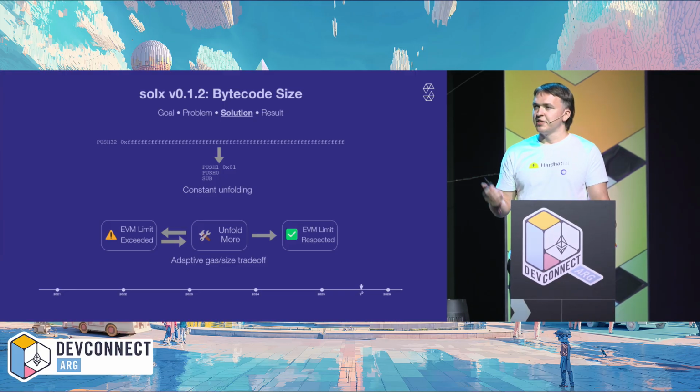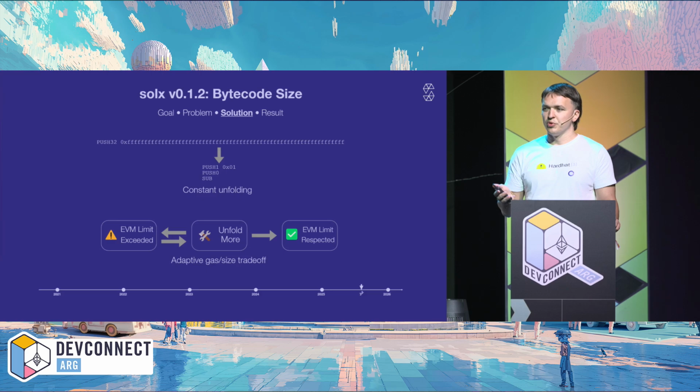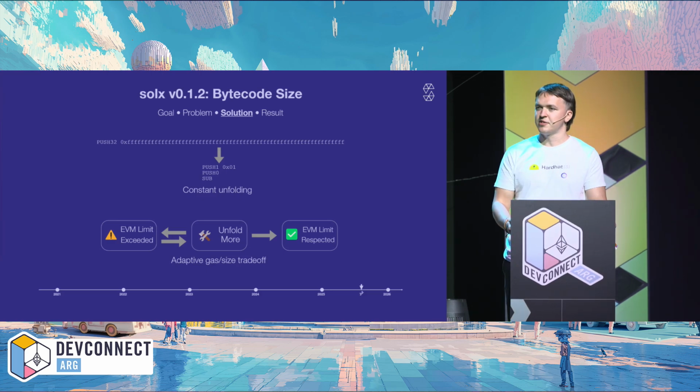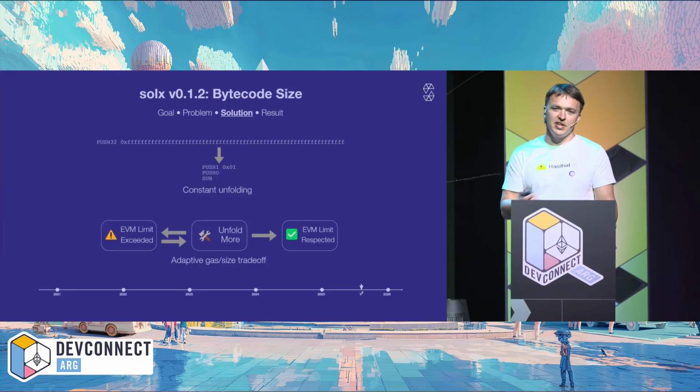We also implemented an adaptive algorithm that would track the EVM size limit, and when the bytecode is close to the EVM size limit, it would unfold more constants or just apply additional optimizations, and this is all well tuned. We are exposing some parameters that can help you to tune the pipeline in case you need more gas optimizations or more size optimizations, and still LLVM will make sure that you are not exceeding the bytecode size limit.